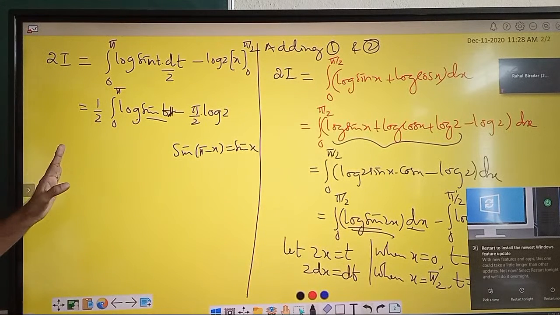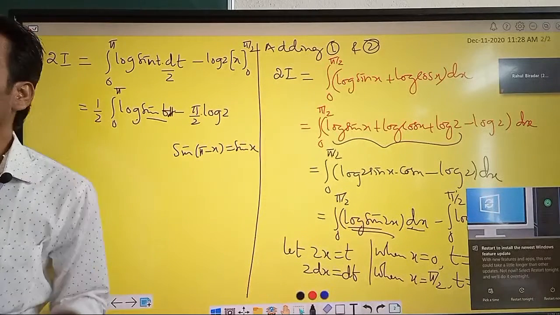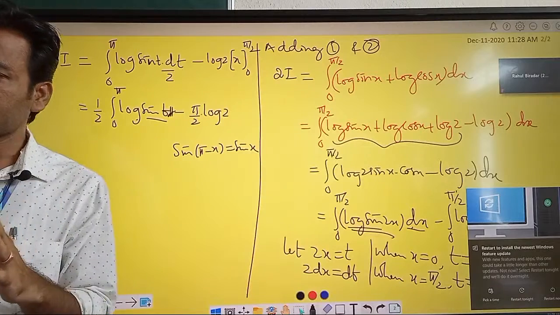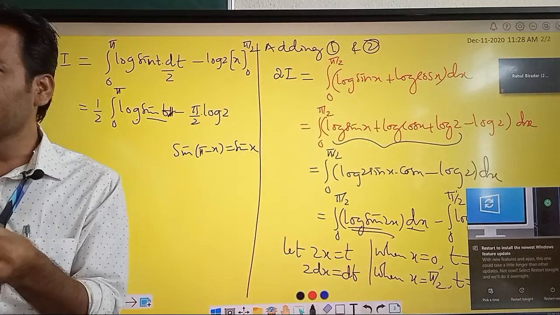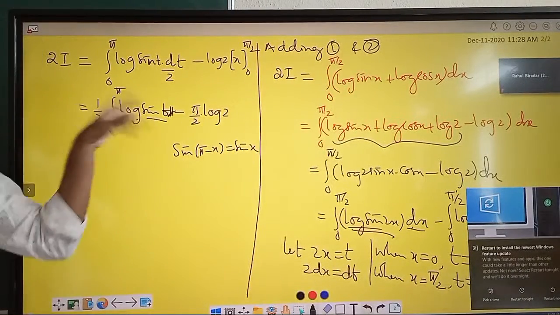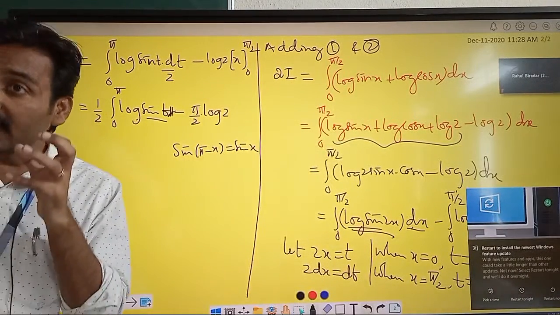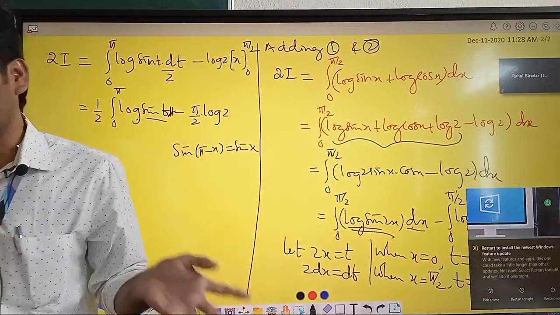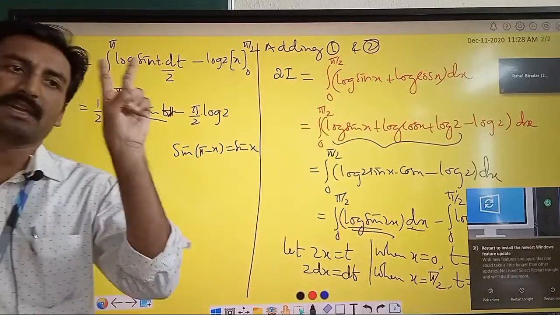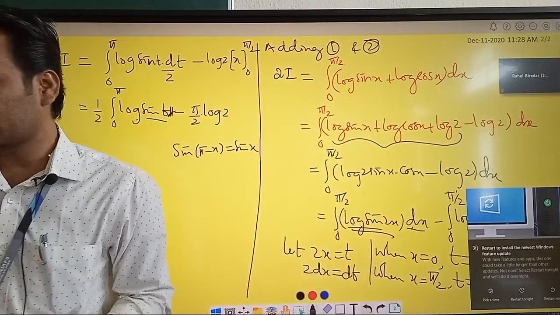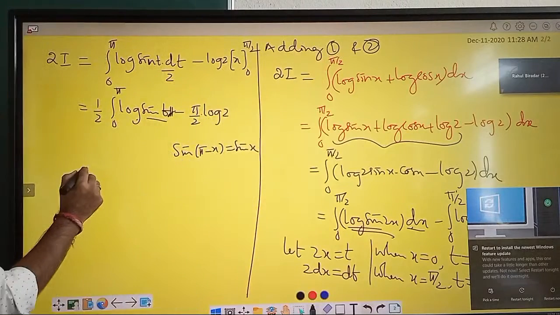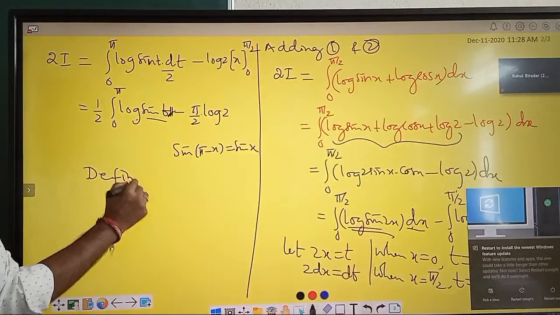The very important thing is, when you are talking about improper integrals, improper integrals means if any limit value is put in the integrand, then that integrand becomes infinite and not defined. They all belong to the improper integrals. Definite integrals are of two types.